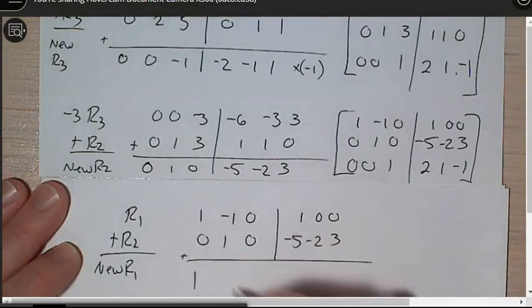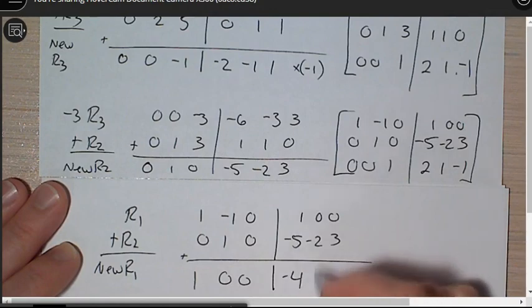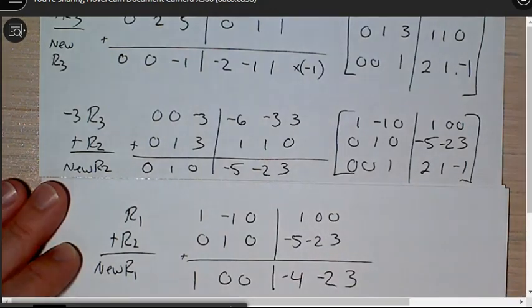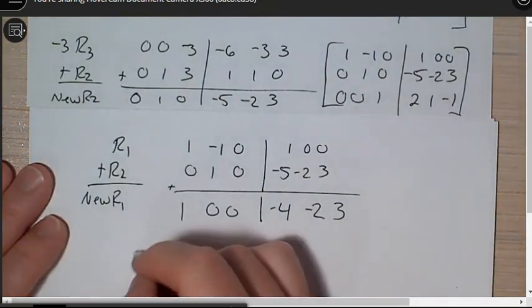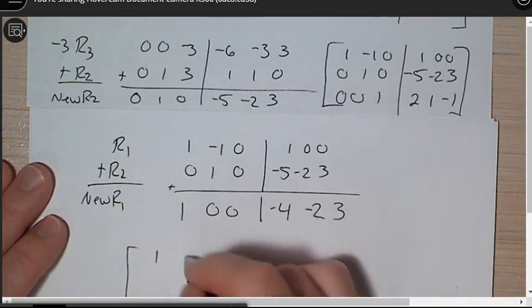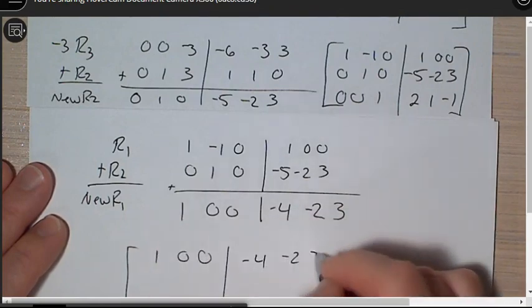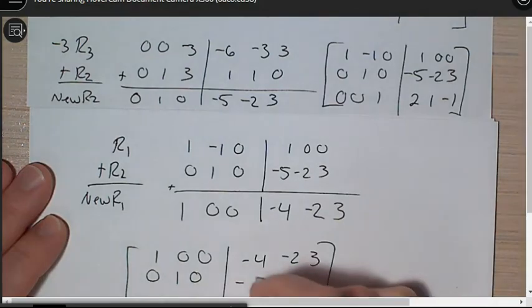So it's 1, 0, 0, -4, -2, and 3. All right, and that should be our final answer because now we've got this in row 1, this for row 2, and that was row 3.